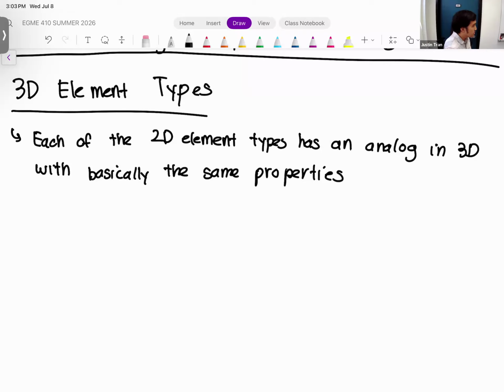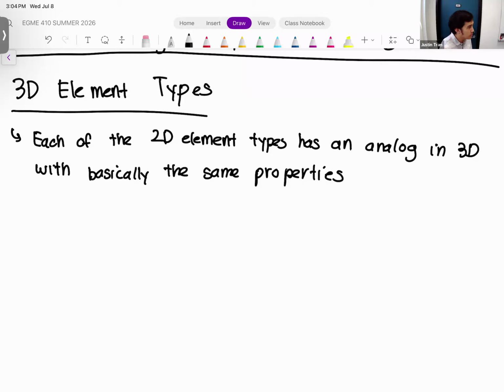In fact, this lecture and the last one go hand in hand. So I'm not going to repeat everything that we talked about yesterday with regard to the shape function, solution convergence and things like that. More or less, today we're just going to mention all the 3D element types.